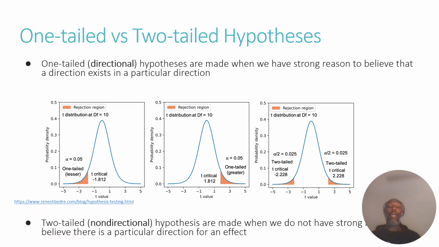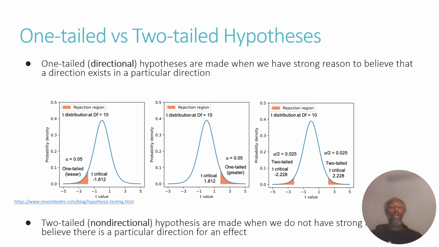And so my critical t-value is smaller. It is 1.812. In other words, it is easier for me to find a value that is more extreme than that because I'm only looking for values that are extreme in one direction. Similarly, if I look in the other direction, and just in that direction, I have a critical value of negative 1.812.